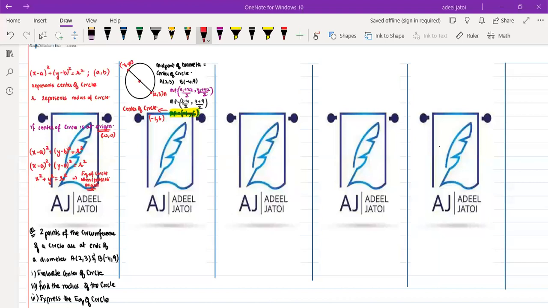Now the second part says find the radius of the circle. We know that the midpoint is (−1, 6).